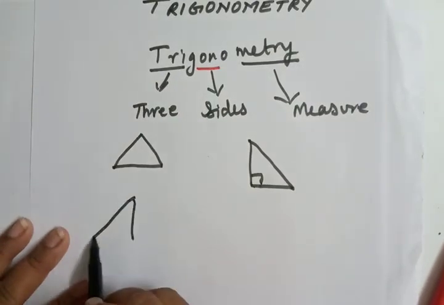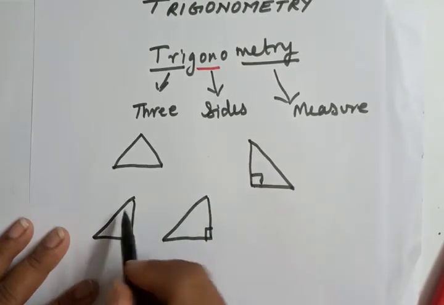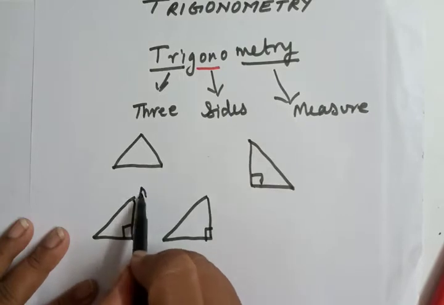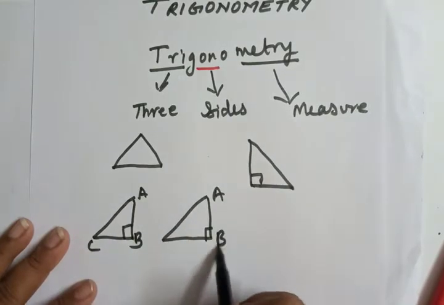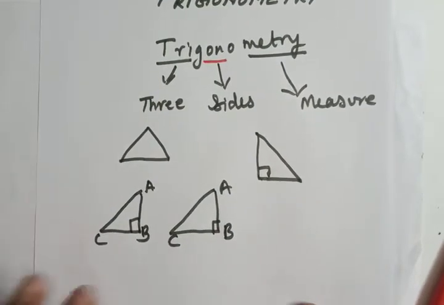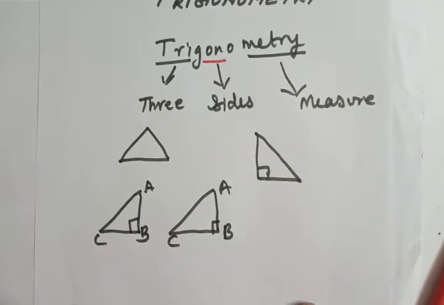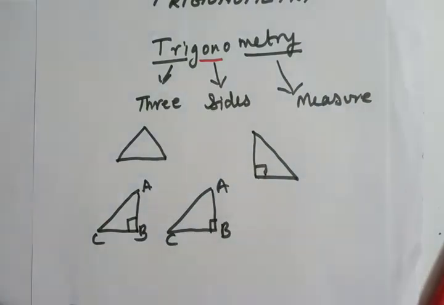In trigonometry, suppose we have 2 triangles. I will tell you why I have taken 2 triangles. A, B and C. This is also A, B and C, and both the triangles are right angled at B. Now as we get to know, trigonometry is restricted to the right angle triangle.